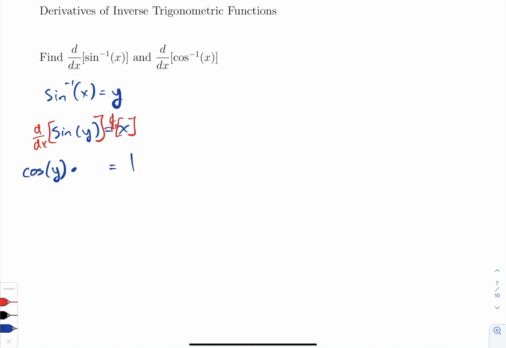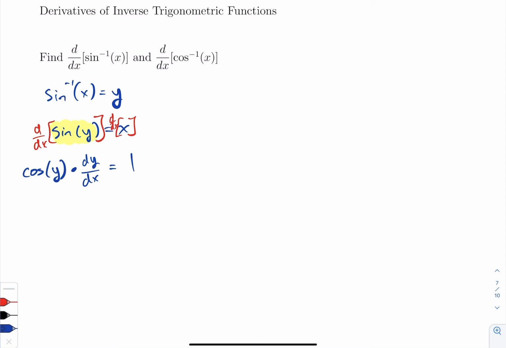Now, because the variable here is y, I don't know what the derivative of y is with respect to x. So I'm going to write this as dy dx. So I'm applying the chain rule to sine of y: the derivative of the sine function is cosine, keep the inside the same, times the derivative of y, which I can write as dy dx.